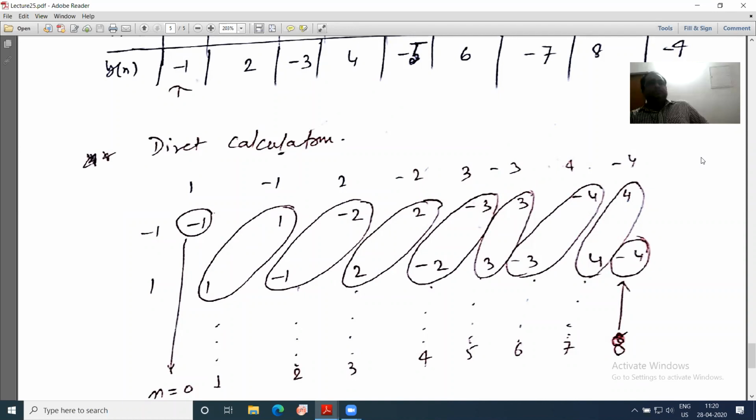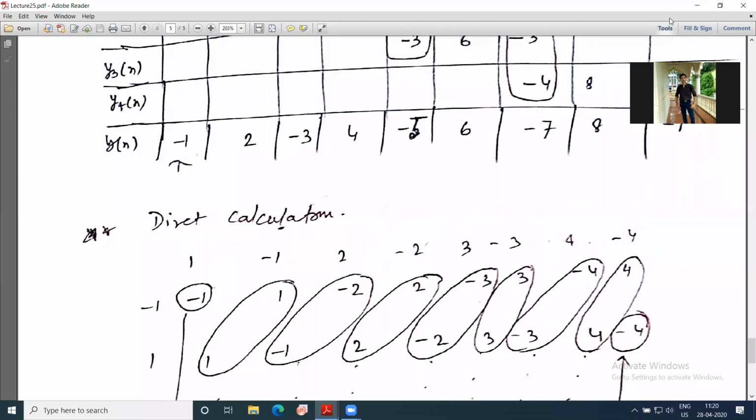So for linear convolution, two sequences could have different length, but in case of circular convolution, the two sequence lengths have to be the same. In linear convolution, not an issue. If you have any doubt, you can ask. Otherwise, any doubt?